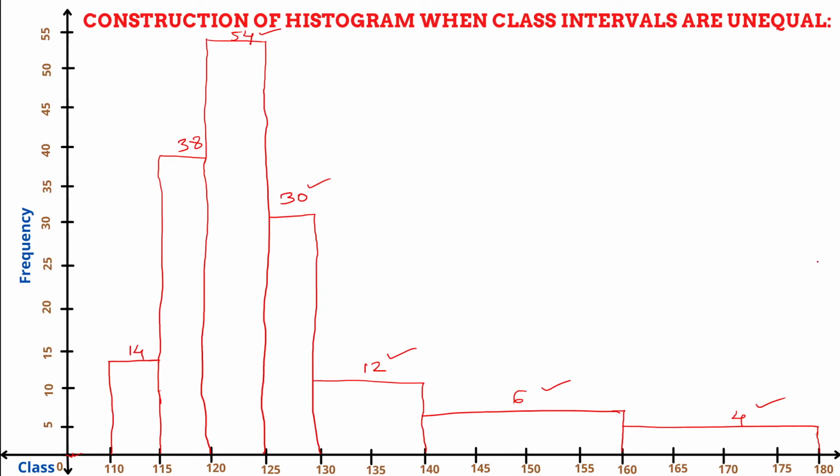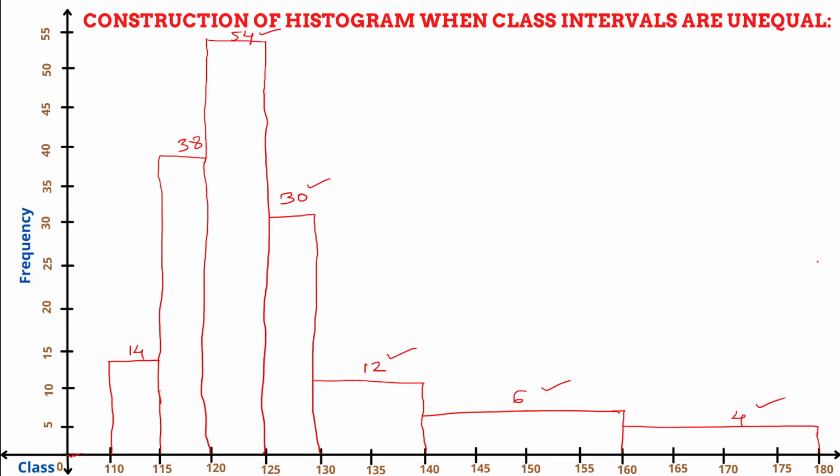In this way, in this lecture, we discussed what a histogram is and how it is plotted. For the construction of a histogram, we take the classes along the x-axis and corresponding frequencies along the y-axis. If the classes have equal width, then we have learned how to plot the histogram.